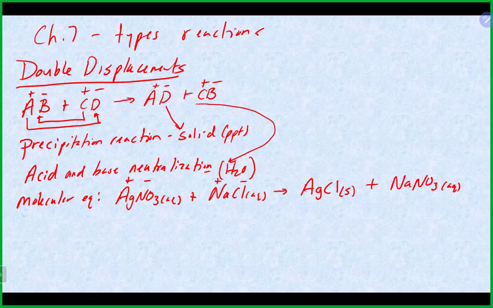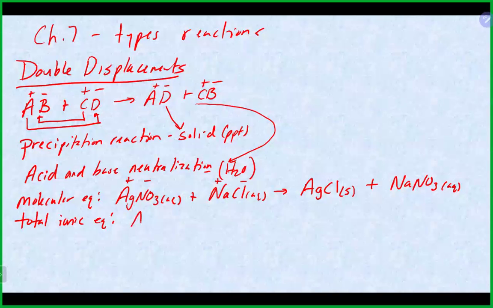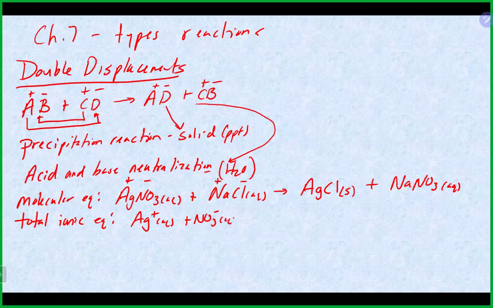We could write an equation that describes what's happening in the beaker or test tube, and that's known as the total ionic equation. We break apart anything that's a strong electrolyte, while anything that's a solid, liquid, for the most part gas, or a weak electrolyte stays together. So here we would break apart silver nitrate into its ions, as that's what's happening. It's floating around in the solution.